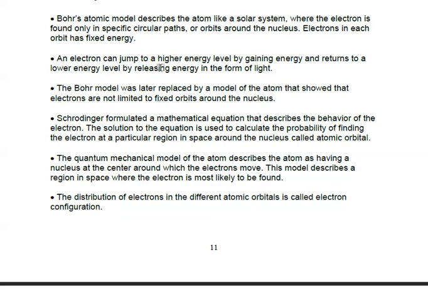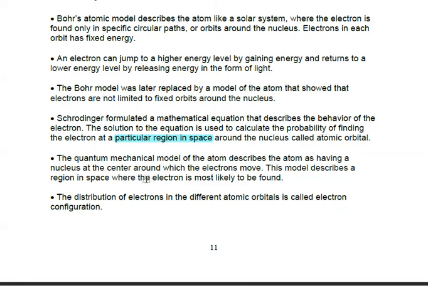This has been modified by Schrödinger, who formulated a mathematical equation that describes the behavior of the electron, such that the electron cannot be found in a specific circular path. However, it can be found at a particular region in space called the atomic orbital.